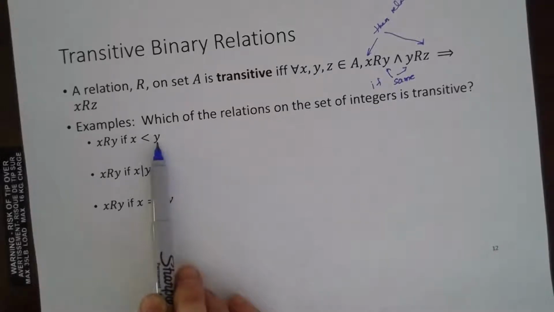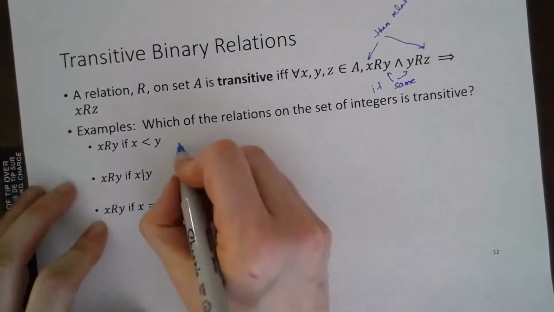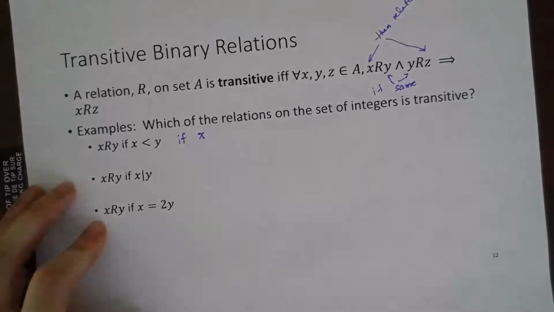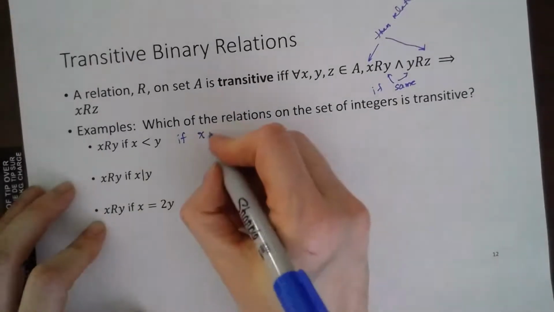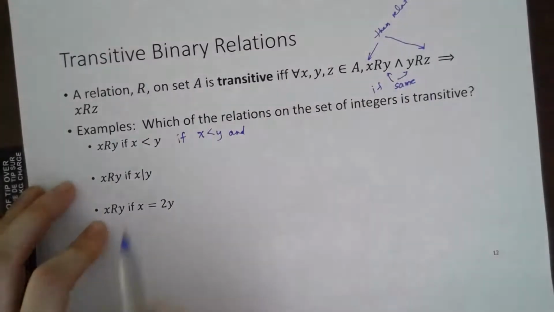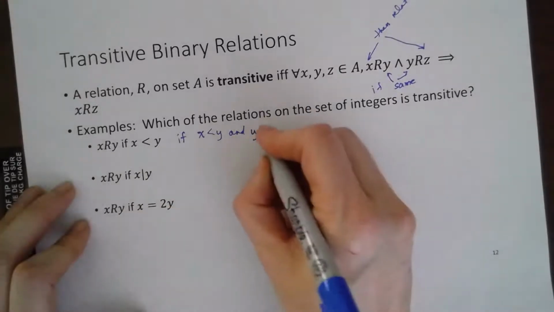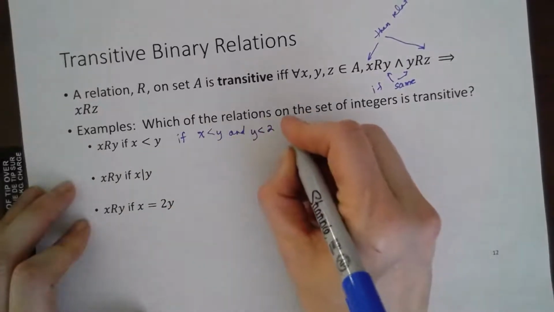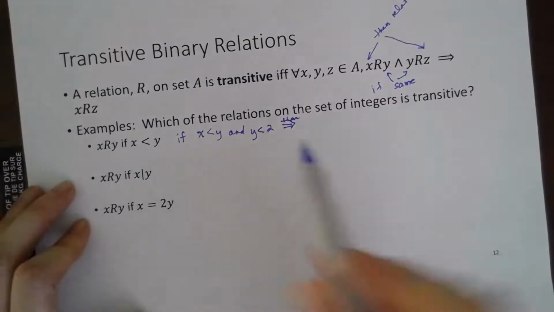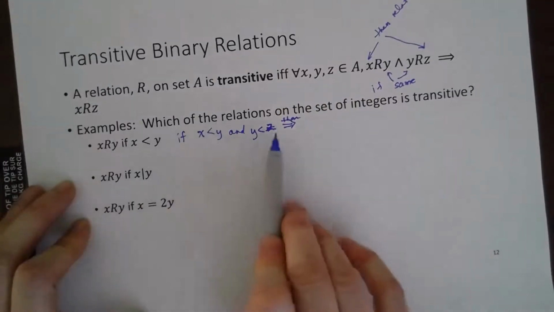Well, if it were, that would mean for all x, y, and z, if x was related to y, which means x is less than y, and y was related to z, which means y is less than z, does that imply that x would be related to z?